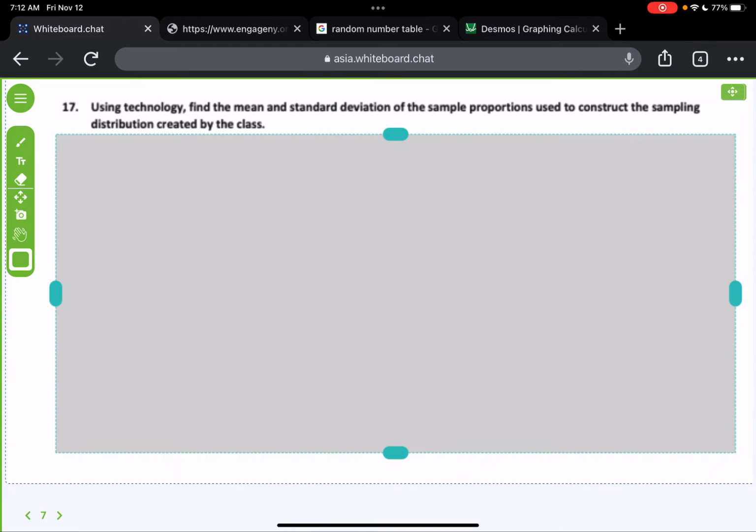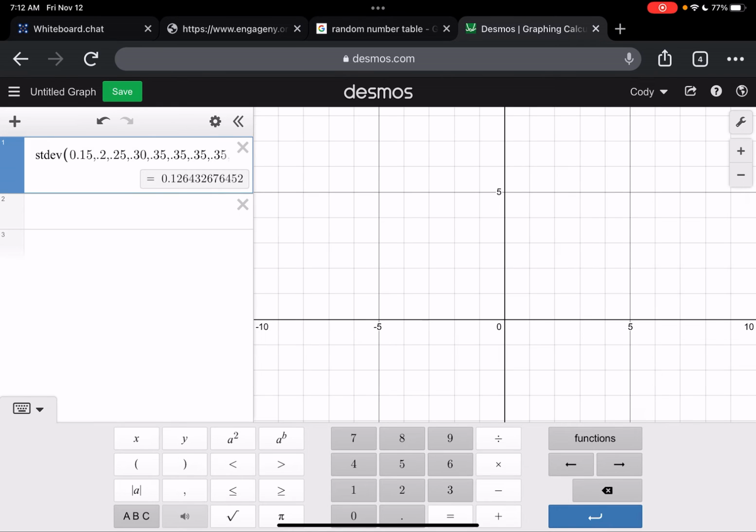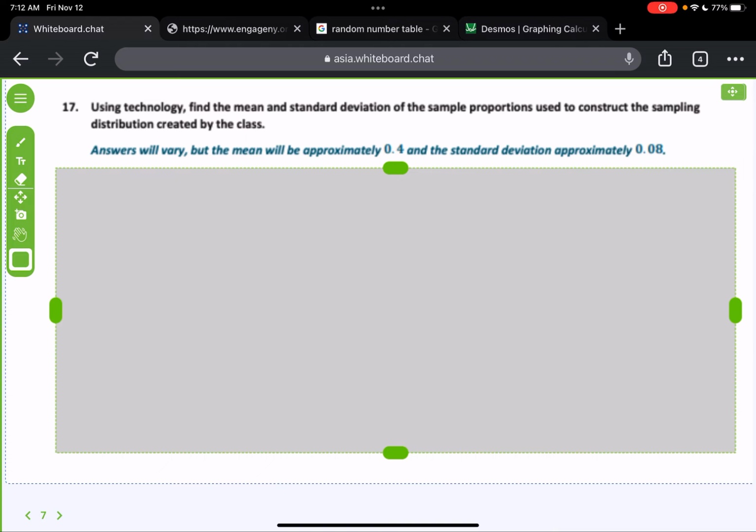Now, using technology, find the mean and standard deviation of the sample proportions used in constructing the distribution created in the class. Once again, you just type all that into Desmos, and it will give you those answers. Notice that the mean will still be around 0.4.